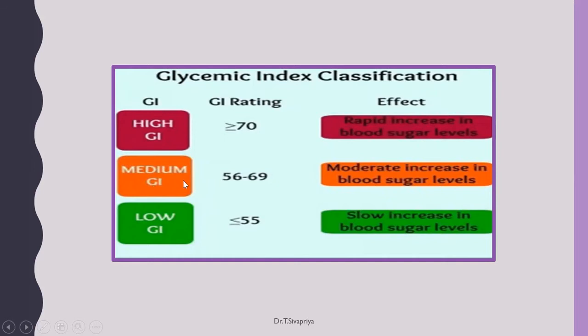Medium GI foods have a ranking between 56 to 69, and there is a moderate increase in the blood sugar levels after the consumption. Low GI foods are those that have a rank of up to 55. There is a very slow increase in blood sugar levels after their consumption.